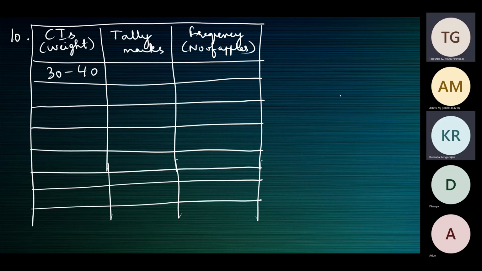Where is it given? It's not given, no? That was not given. You're given, you must construct class intervals of equal width of 10 grams. And the mid value of the fourth class interval is 65 grams. So how do you know that the first class interval is 30 to 40?